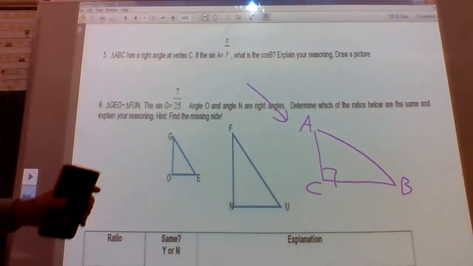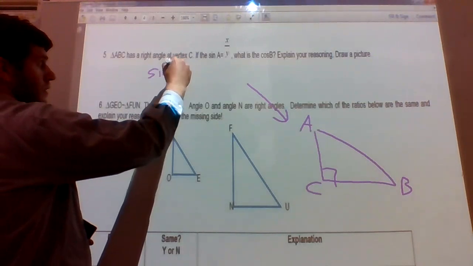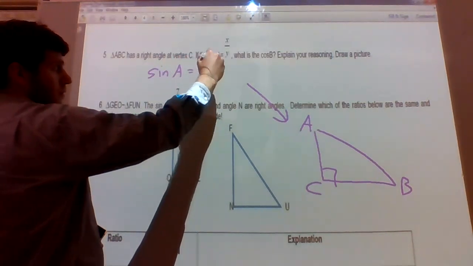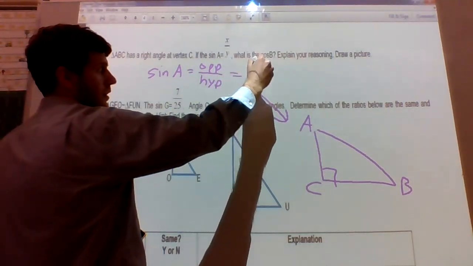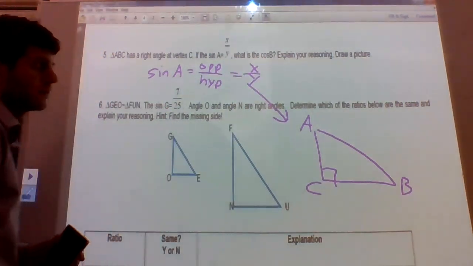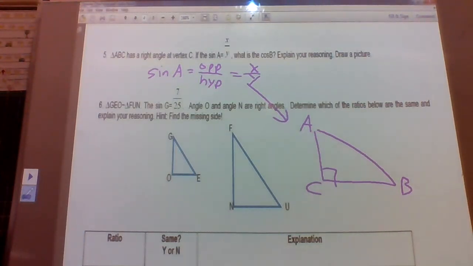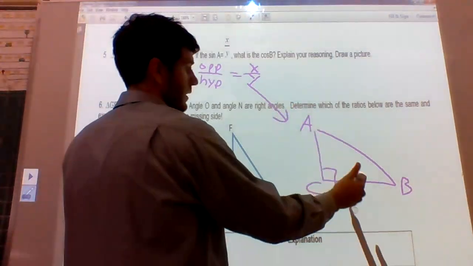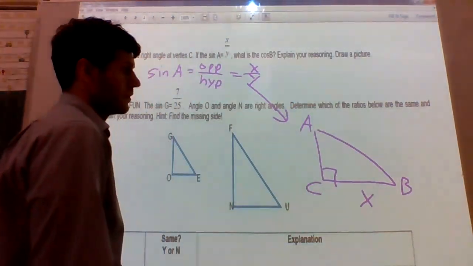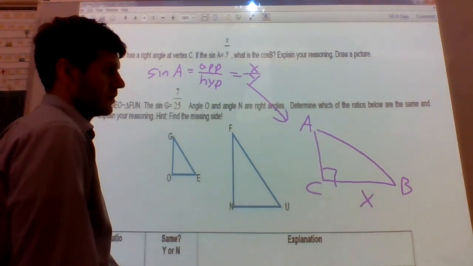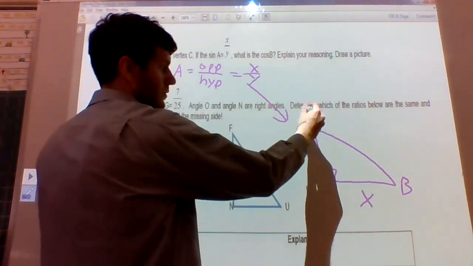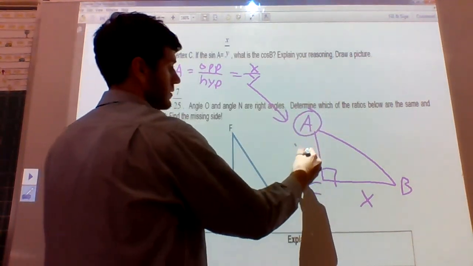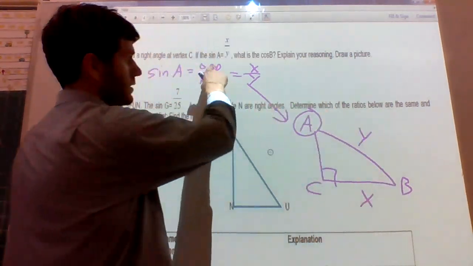Okay. Sine of A, so sine A, sine is opposite over hypotenuse. So that's going to be x over y. Okay. So opposite is x. Adjacent is y. Here's A. So, sine's opposite over hypotenuse.